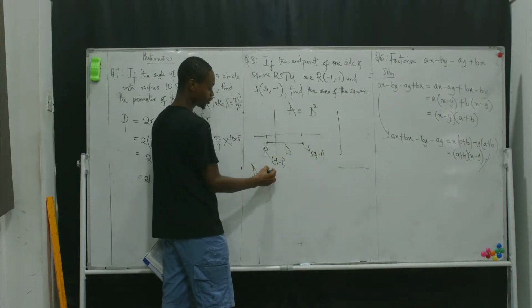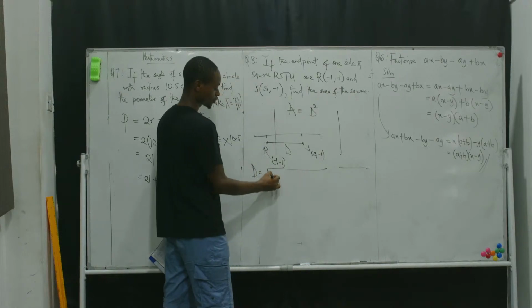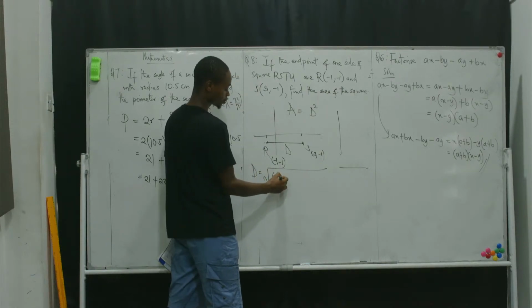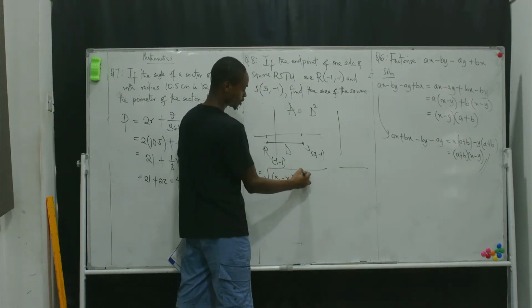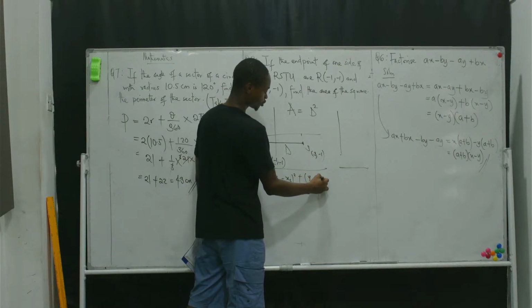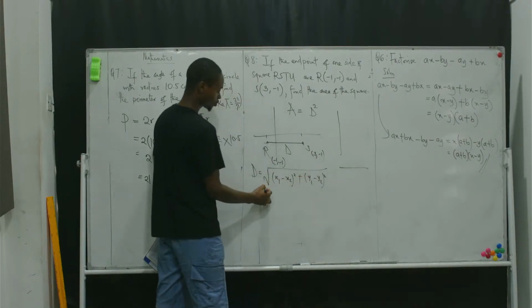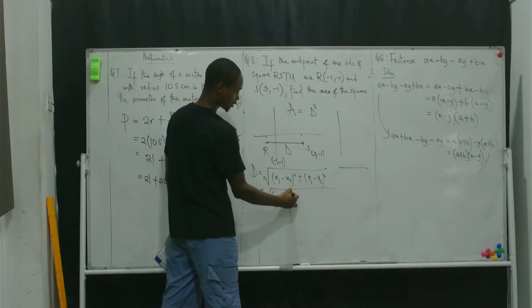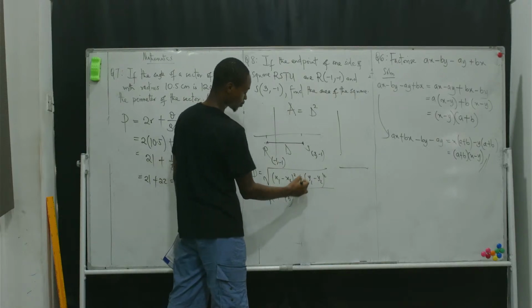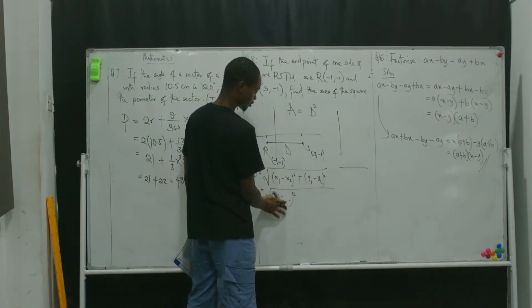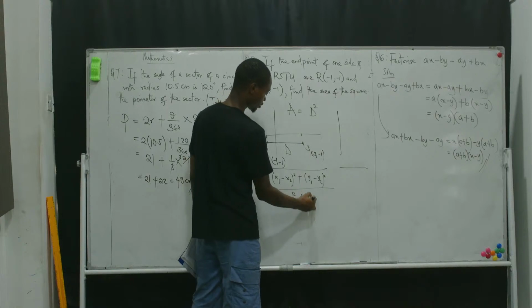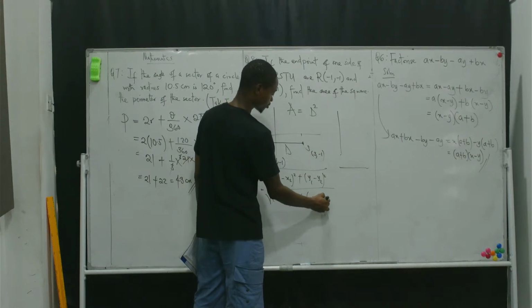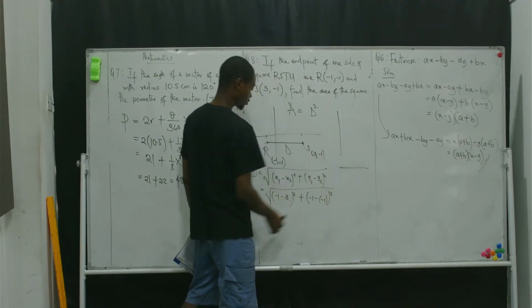The distance between 2 points is the square root of (x1 - x2) squared plus (y1 - y2) squared. So this is going to be (-1 - 3) squared plus (-1 - (-1)) squared.